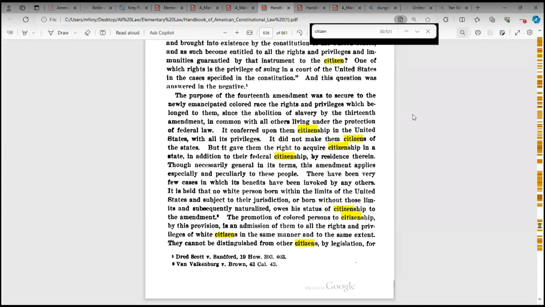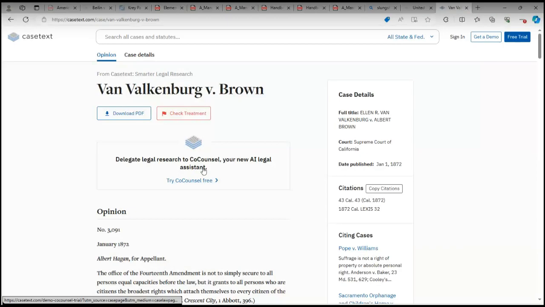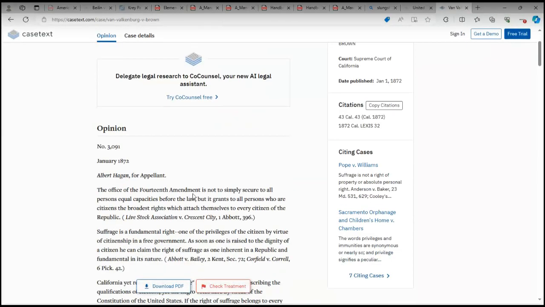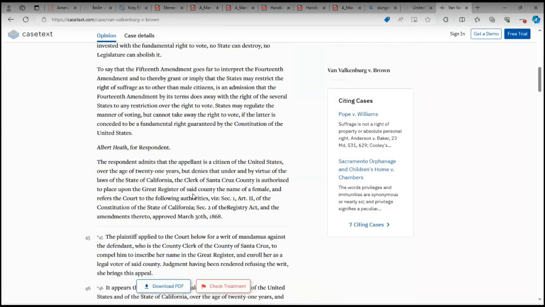But that's, of course, back then. Reading, and they give you annotation, Van Valkenburg versus Brown, right? Which I have not read. It's an 1872 case, which I will be reading after I'm done reading this.